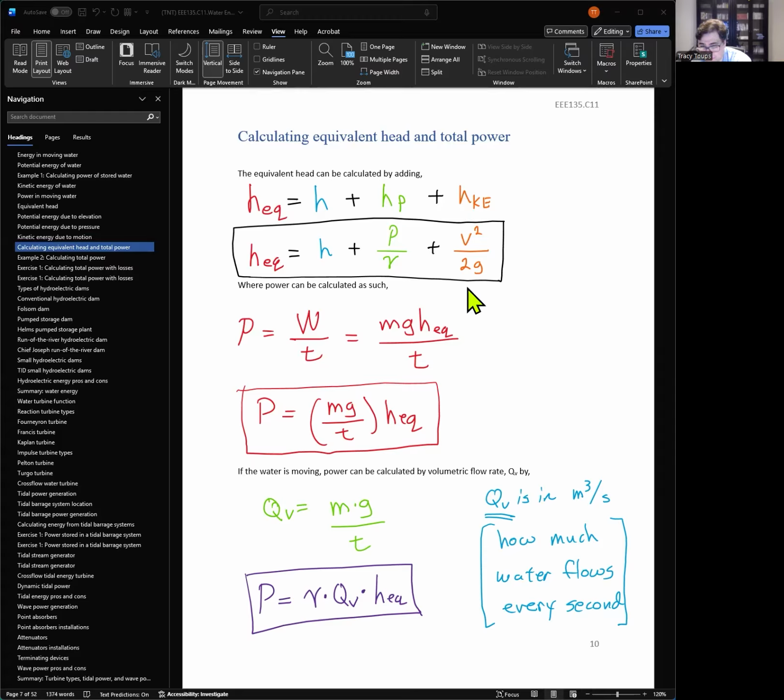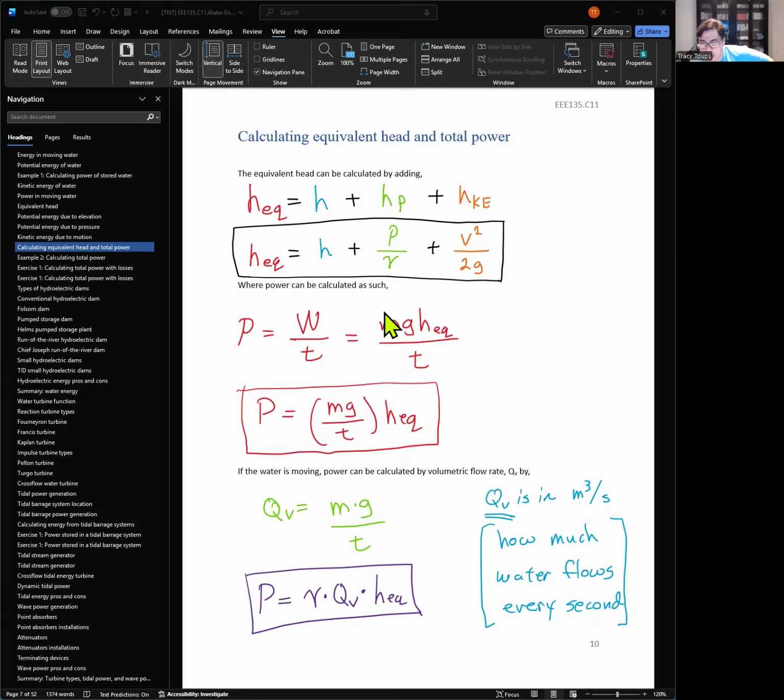Now, once you know this variable, you could then calculate power down here. Power is always equal to energy divided by time, which, remember, energy of a dam is always mass times gravity times height. But we're adding in the equivalent height instead of just the physical height, because we're adding in that pressure, adding in that kinetic energy component.